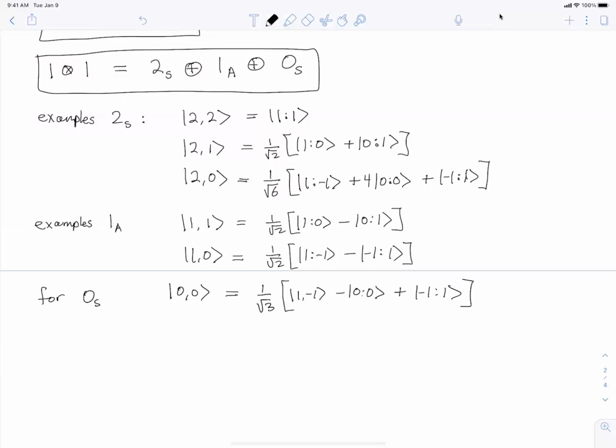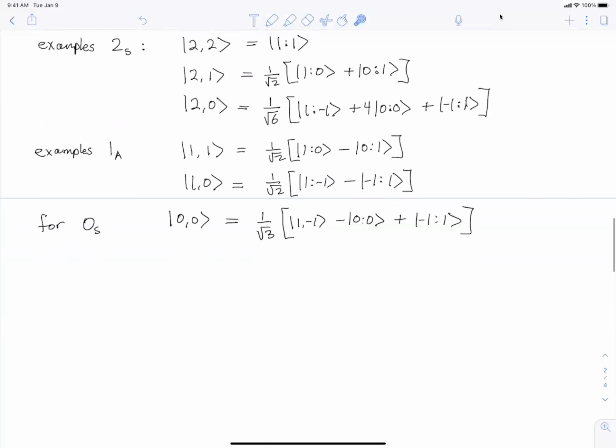And again, that's symmetric. Don't be fooled by the minus sign here because when I interchange the two things, I get back the same state. And when I interchange these two, that turns it into this. And notice they have the same coefficient in front, namely plus 1 times 1 over square root of 3.